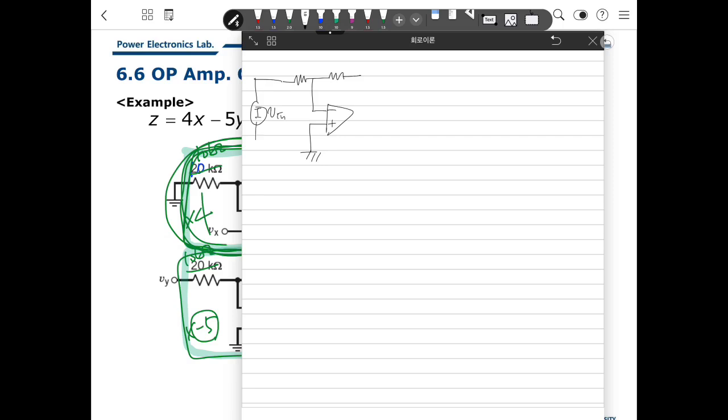We make an input, ground, and this is output. Here is RO, R1, and R. Actually, we call this RI, RF, and plus and minus V out.